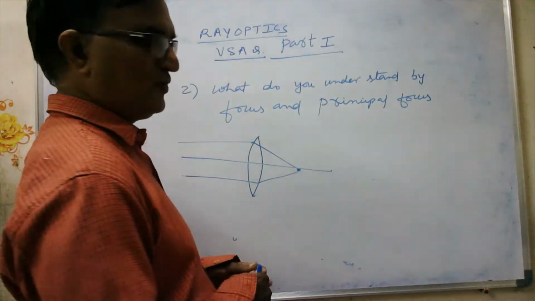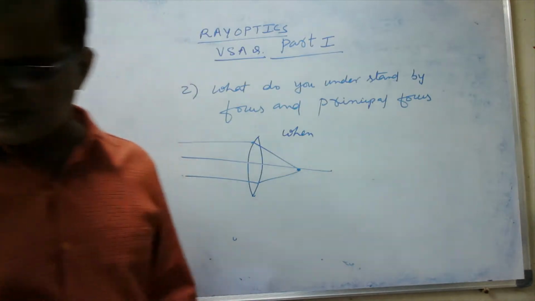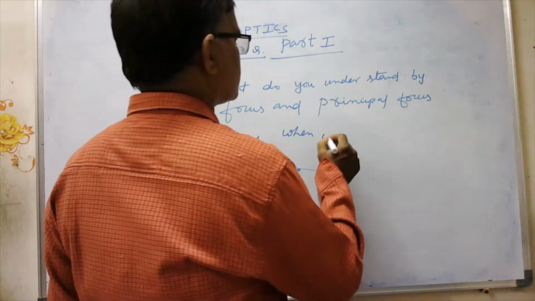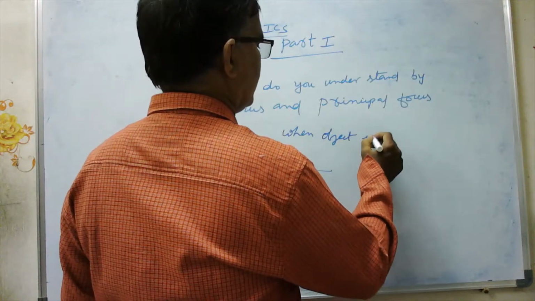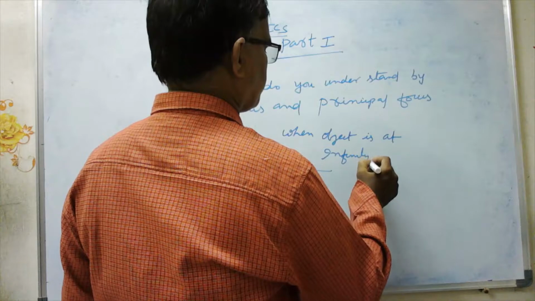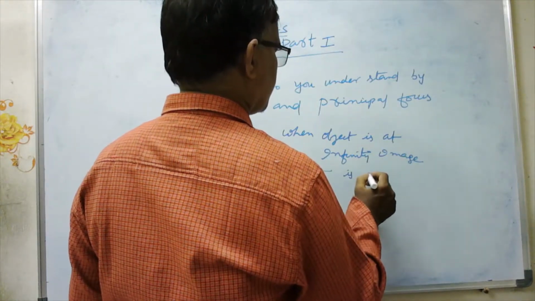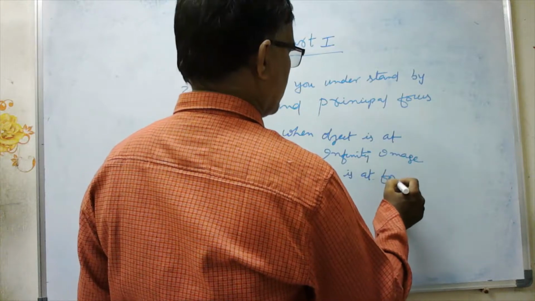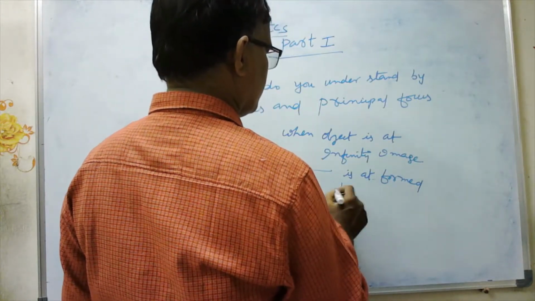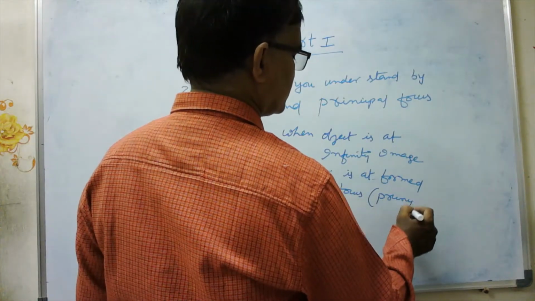When the object is at infinity, the image is formed at focus. This we call as principal focus.